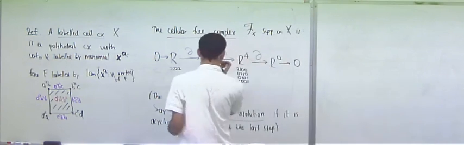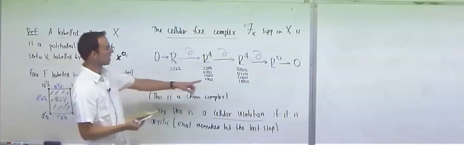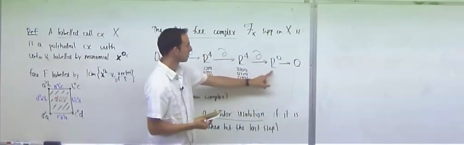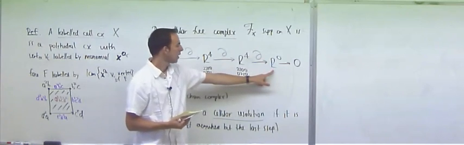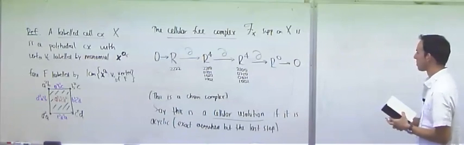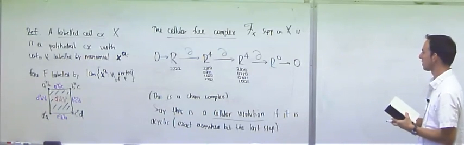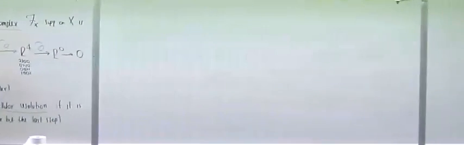Okay. What do I mean by this? What I mean is that there is not really any hope of being exact right here. But everywhere else, we would like to know if this thing is exact or not. Okay.